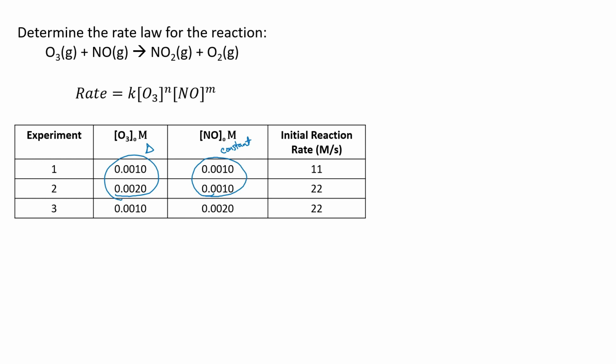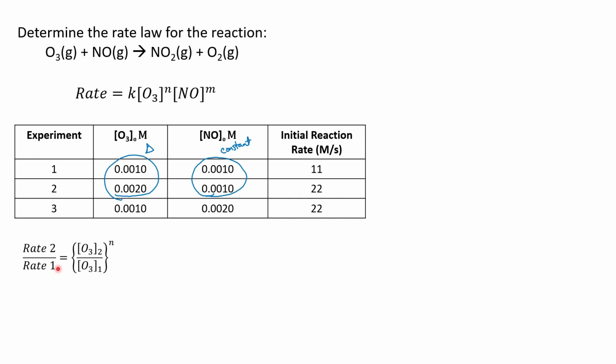Let me show you how we set this up. We're setting up a ratio, or you can think of this as a proportionality. I am going to compare rate 2 to rate 1, and that is going to be equal to my concentration of ozone from rate 2 to my concentration of ozone from rate 1, and all of this is raised to the power of N. So this expression is not very difficult, but the hard part about these calculations is keeping everything straight.